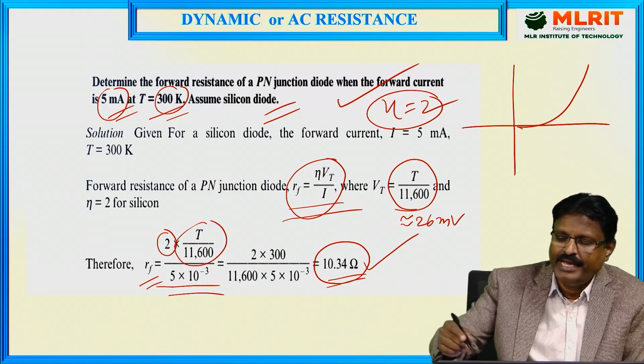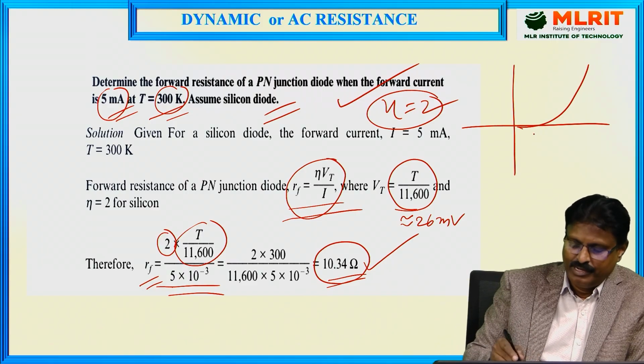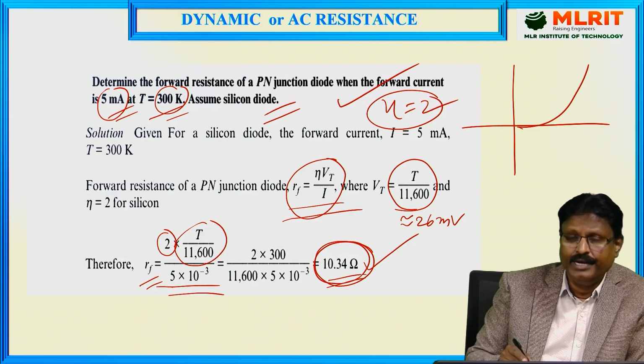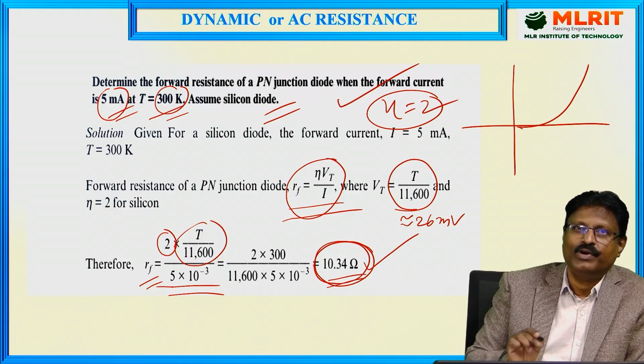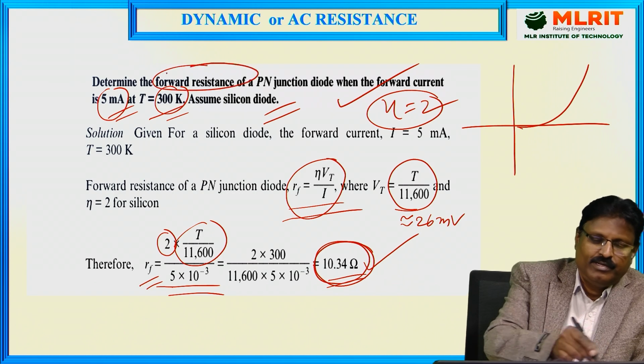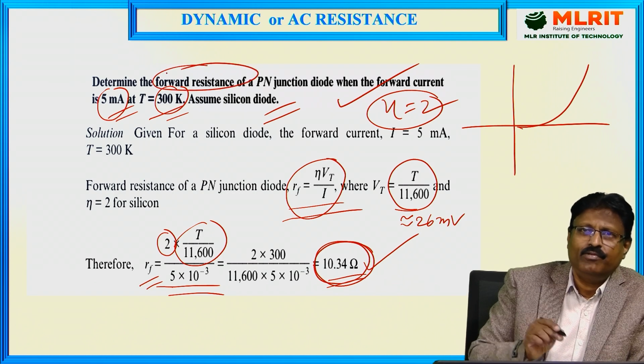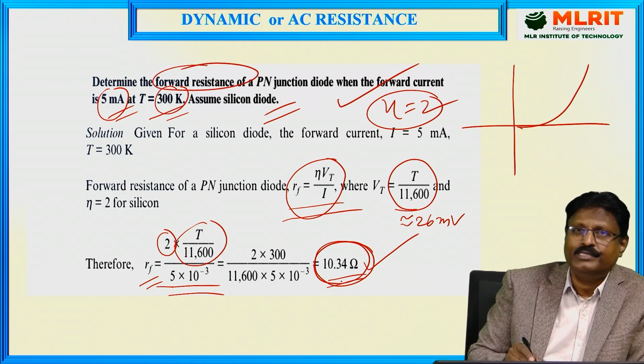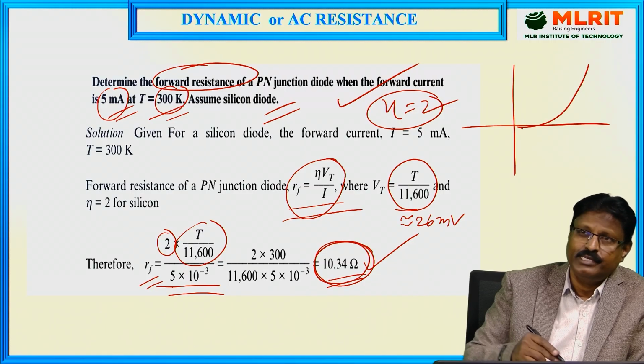Current is maximum means the resistance will be small. Forward resistance means the diode is forward bias. In the forward bias, the resistance will be very, very small; in the reverse bias, the resistance will be larger.